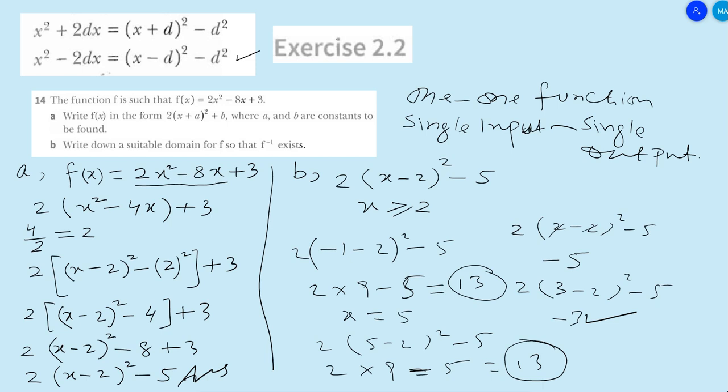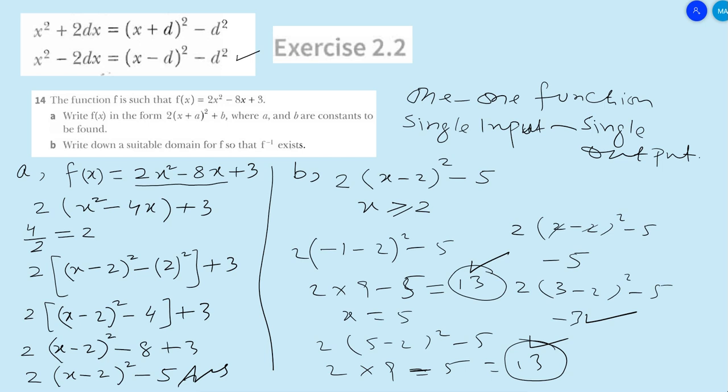So it shows that for x equals minus 1, the output is 13, and for x equals 5, the output is 13. Therefore, if we take values of x less than 2, the function will no more be 1-1. Hence the inverse does not exist.